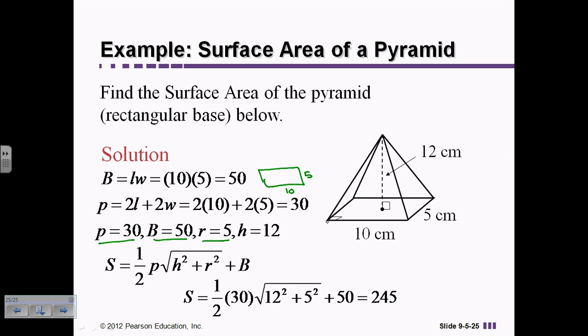Again, I got that because I took half of the 10. So there's my 5. And the H is 12. Plug all of this into the formula, so you get right here 144 plus 25 is 169, and the square root of 169 is 13. So I end up with my surface area being 245 centimeters squared.